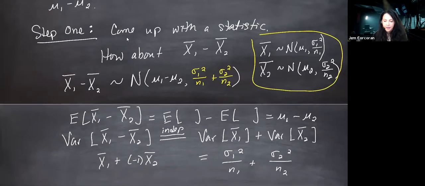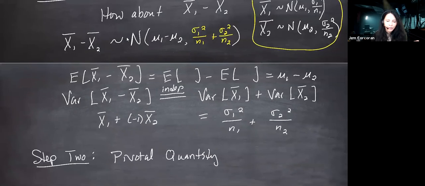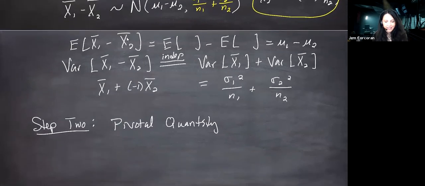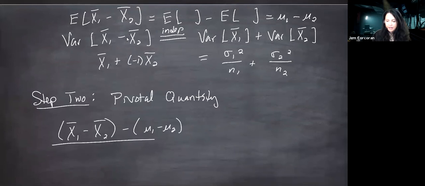Okay, so we know how to do this. We've got a normal, and its mean is the thing we want, and why don't we just standardize it? So I'm going to take x1 bar minus x2 bar, subtract the mean, mu1 minus mu2, and divide by the standard deviation, which is the square root of the variance.